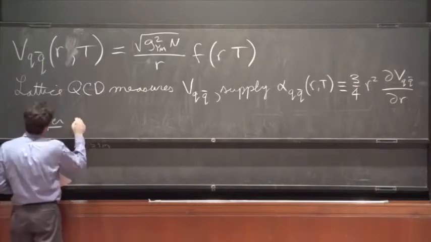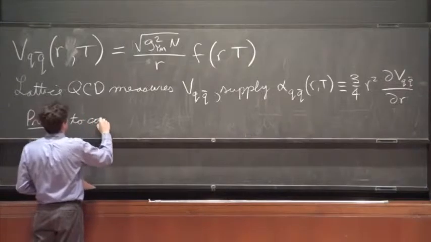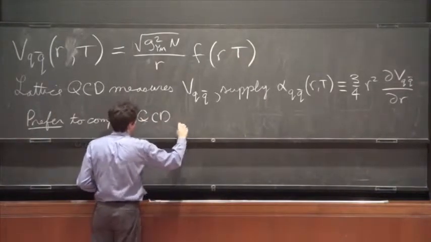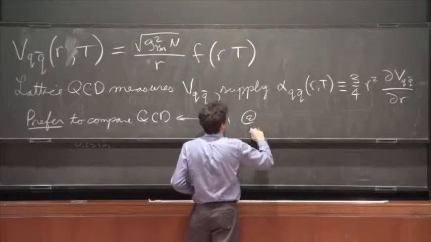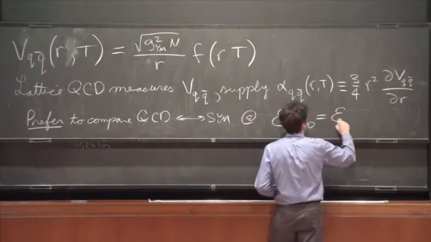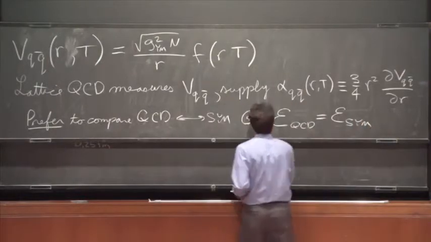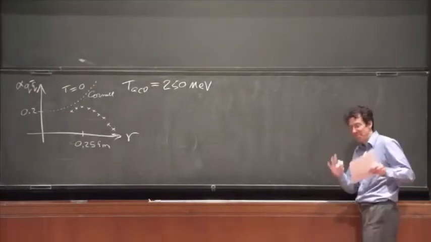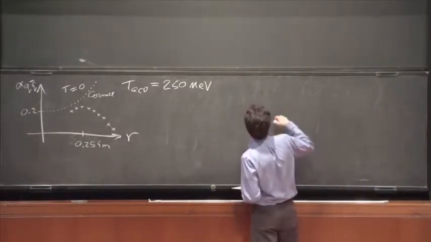So I have found that I prefer to compare QCD and super Yang Mills at fixed energy density, rather than fixed temperature. That seems like a bit of a quibble, but in this business of heavy ion collisions, you're worried about the factor of 2 floating around here and there.